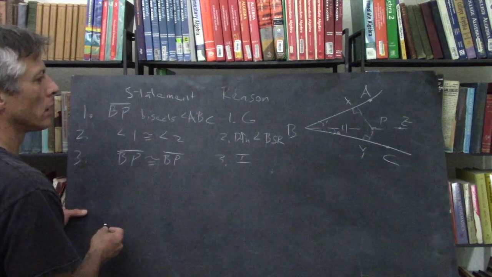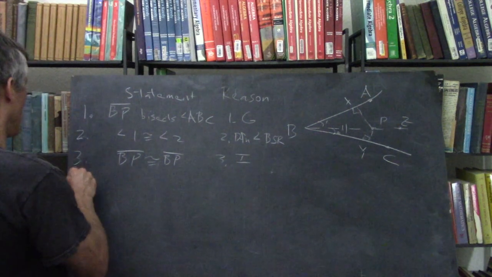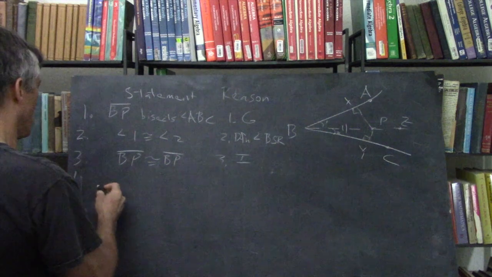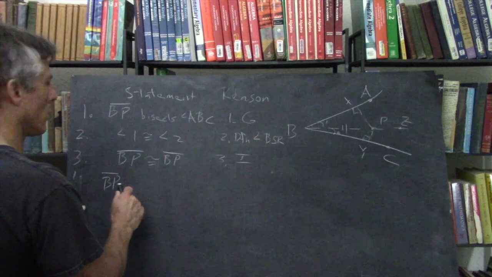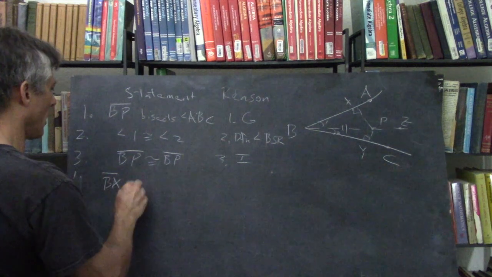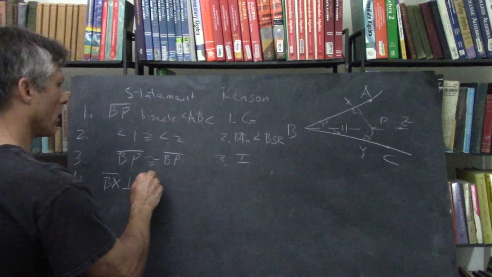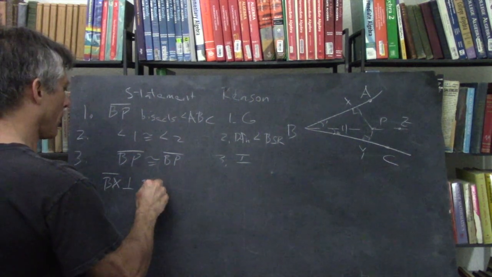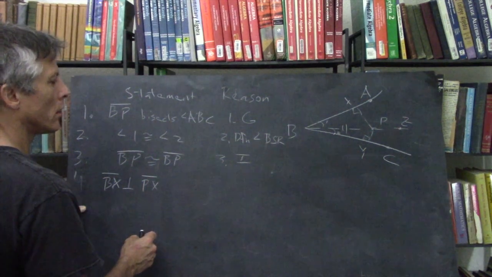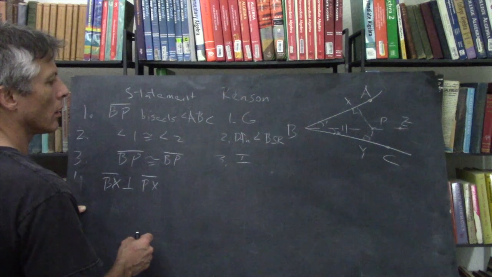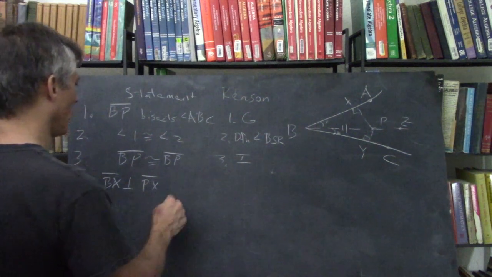So BX perpendicular to PX and BY perpendicular to PY.